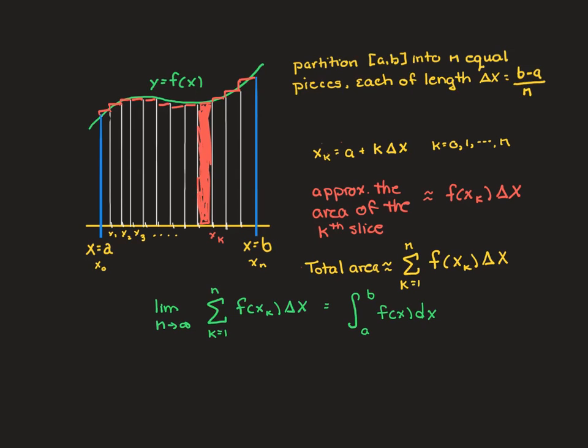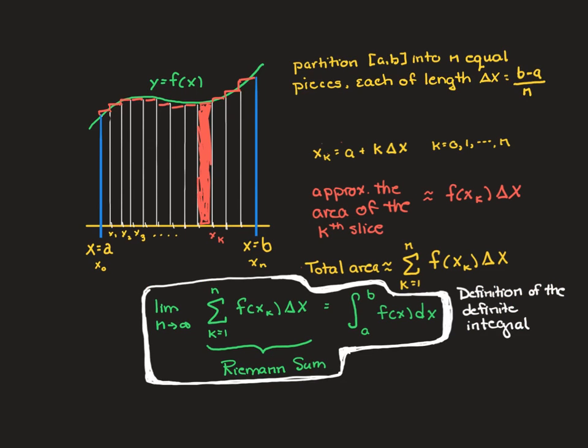That, in fact, is the definition of the definite integral. It's the limit of this Riemann sum. So this is called the Riemann sum, and the definite integral is defined in this way. This is the definition of the definite integral.